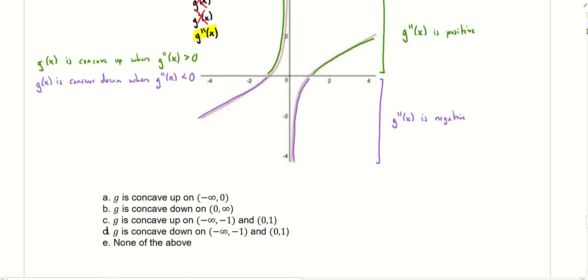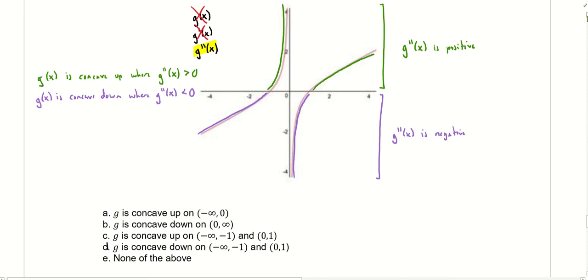So let's use that and our options to see which of these options is the correct one. The first one is stating, option A, g is concave up on negative infinity to 0. So negative infinity to 0 is this interval here.